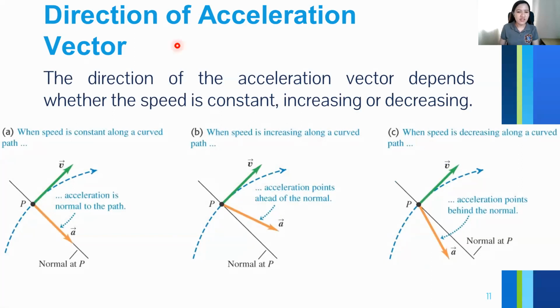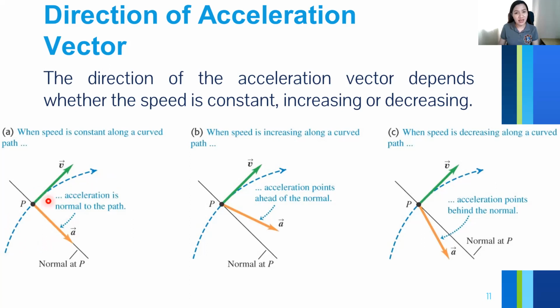For the direction of the acceleration vector, it depends on whether the speed is constant, increasing, or decreasing. When the speed is constant along a curved path, this would be the direction of the acceleration vector. To answer the question: if it follows a curved path, there is a change in direction, and the speed is constant, is it still accelerating?